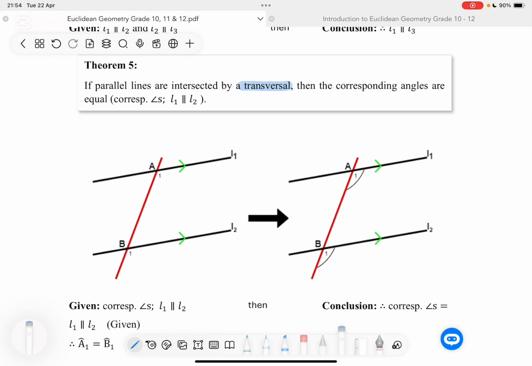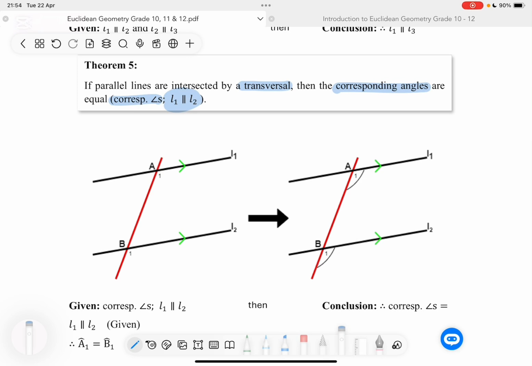The short version of writing this theorem then becomes that we have corresponding angles that are caused by parallel lines, right? So when we have such corresponding angles that are caused by parallel lines, we can conclude that those corresponding angles must be exactly the same.